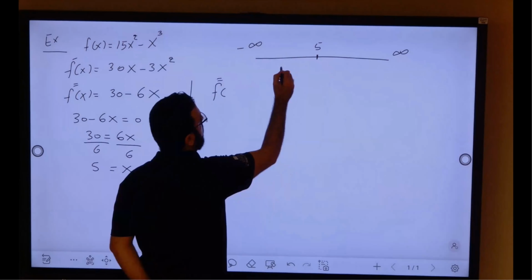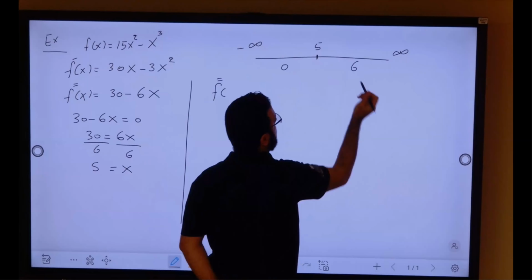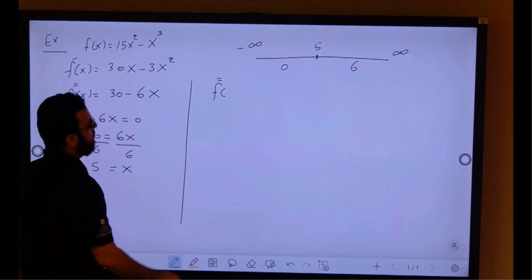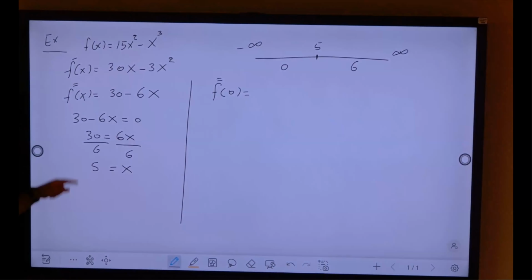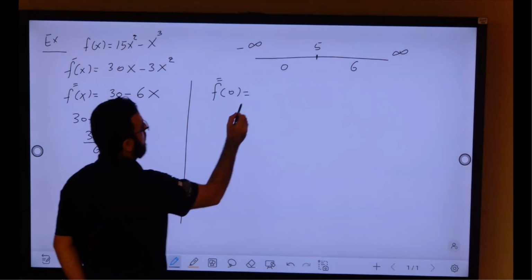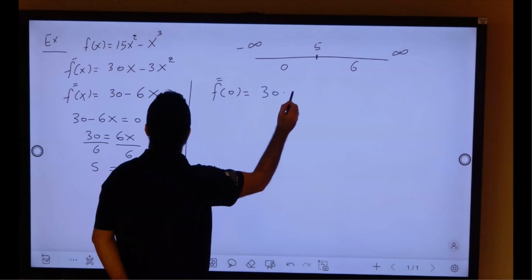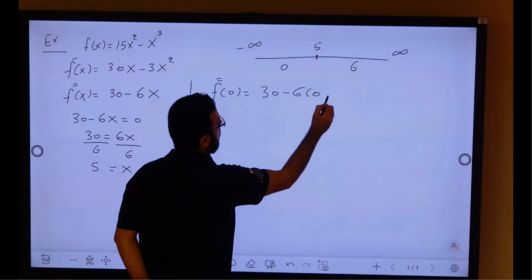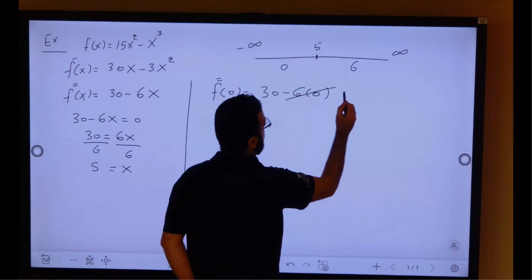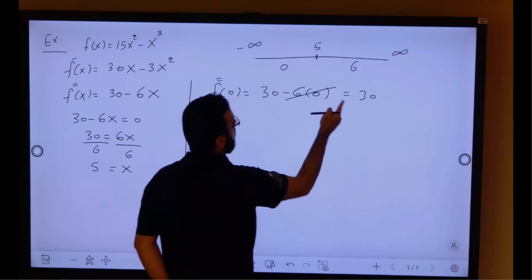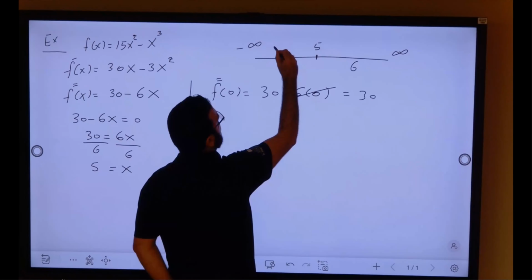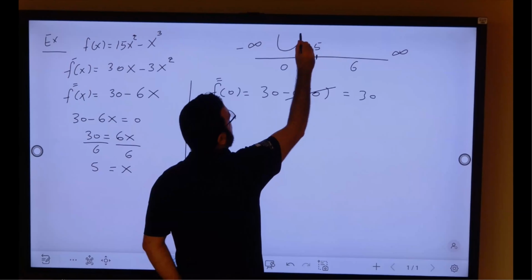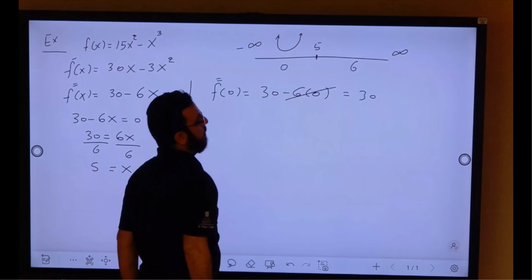I'm going to choose 0 here, and on this side you can choose 6. That means f double prime of 0, which is the second derivative, is going to be 30 minus 6 times 0, which equals 30. So it's positive. My goal is to care about the sign. That means on this side the function is concave up.